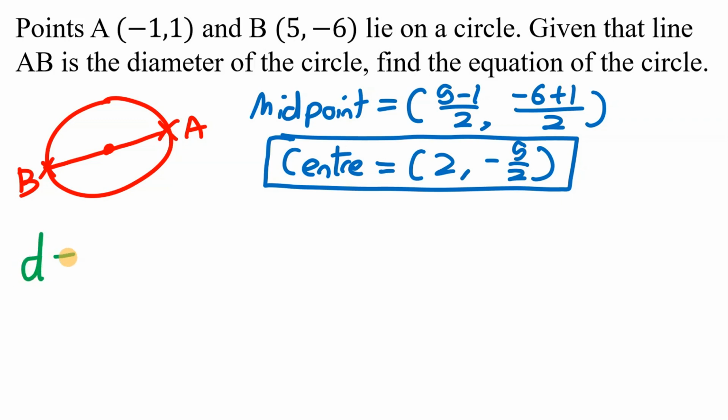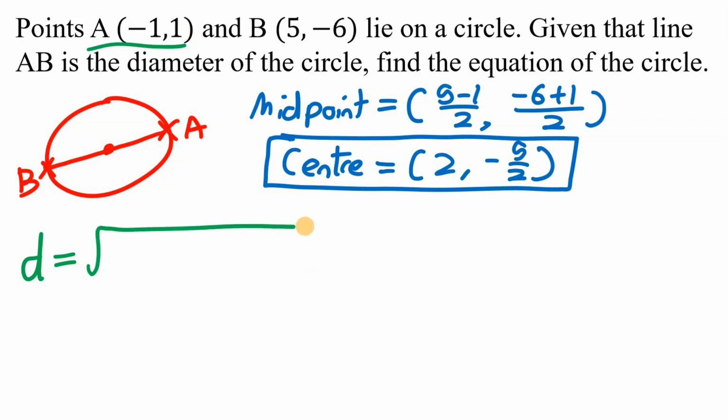So let's use the formula for D. So remember, this is the distance between x1, y1 and x2, y2. Let's say that the center is x1, y1, and let's use point A. So this is x2, y2, okay?